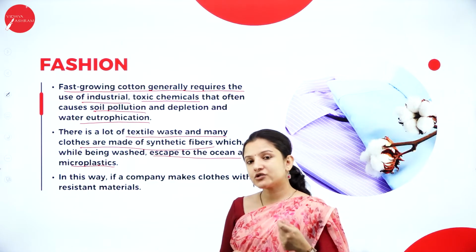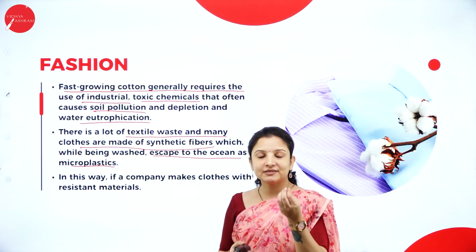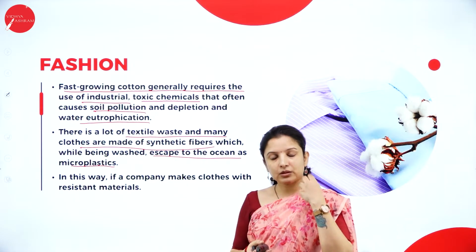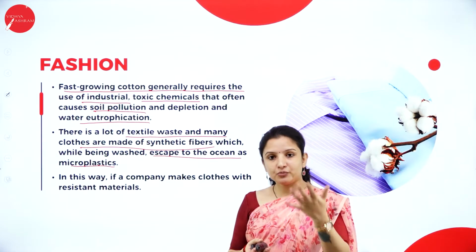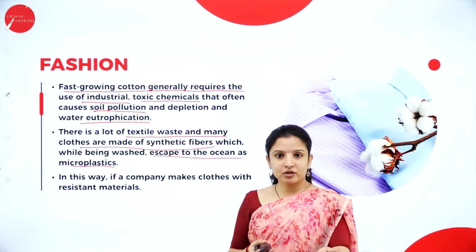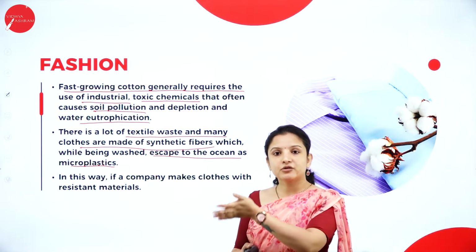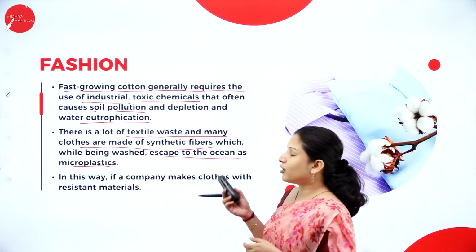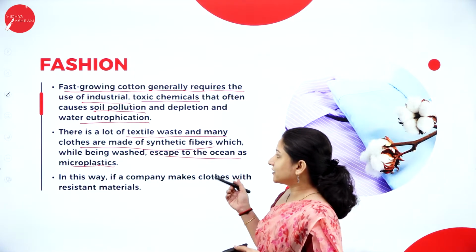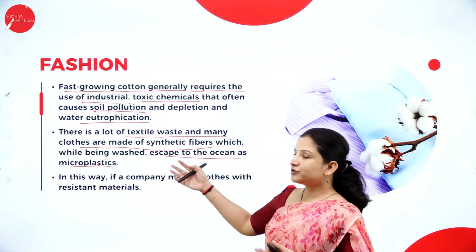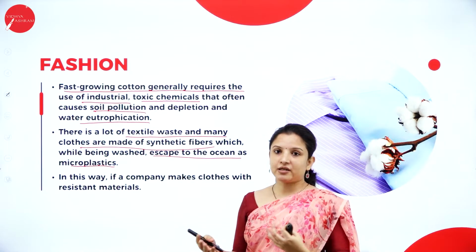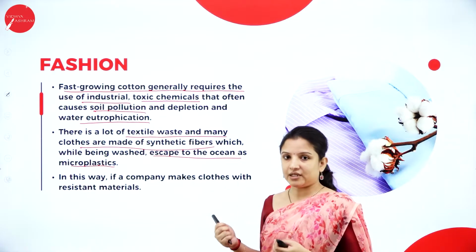But whenever we wash these materials, a part of the synthetic fibers in the form of lint comes out as waste. When you put it out, it will enter into the drain. That drain water will enter into rivers and ponds, polluting those rivers and ponds in the form of microplastic. So that is how, by minimizing the use of artificial or synthetic cloth materials, you can go for natural cloth materials instead.